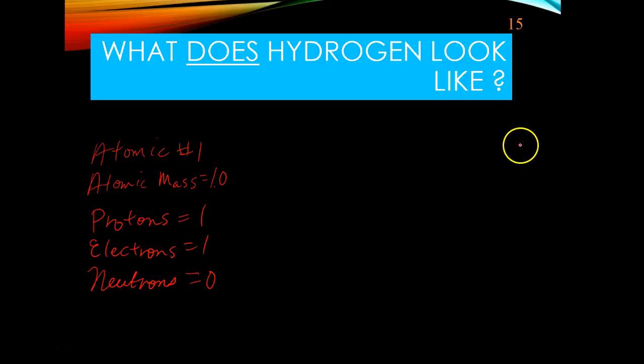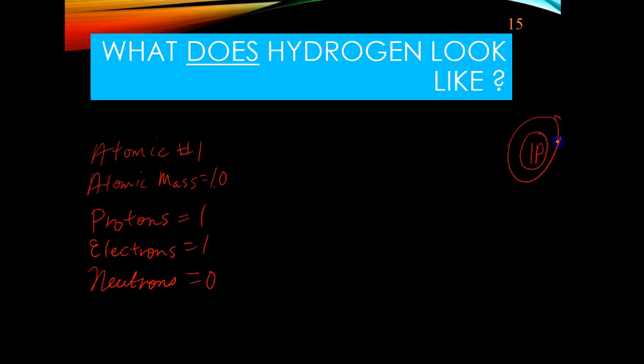So if we were following the rules, what are we going to put? 1 proton. I'm going to draw a nucleus and put that 1 proton in it. There's no need in putting any neutrons in it because we don't have any. How many shells do you think this guy's going to have? You're absolutely correct. It's going to have 1 shell.